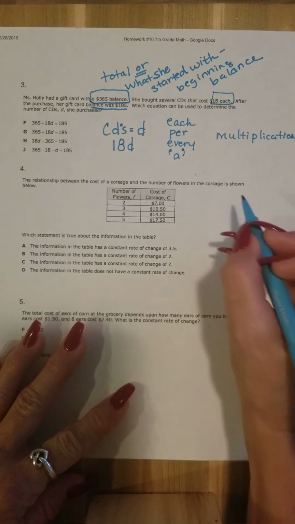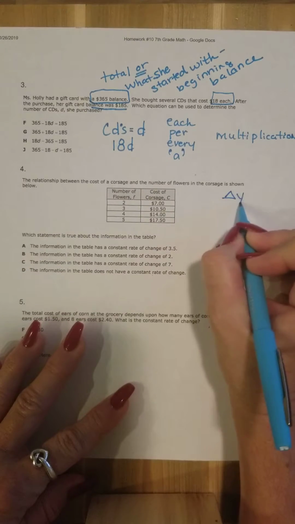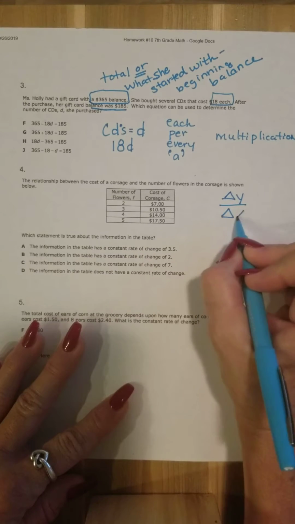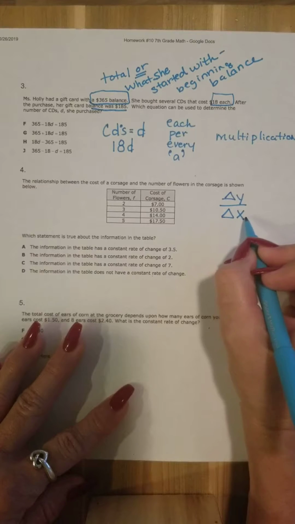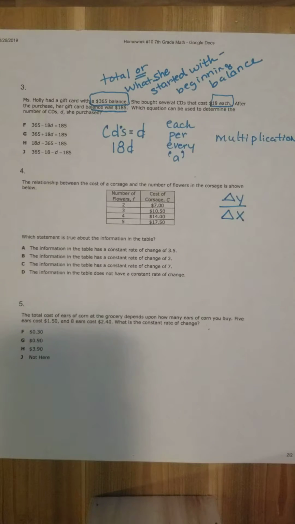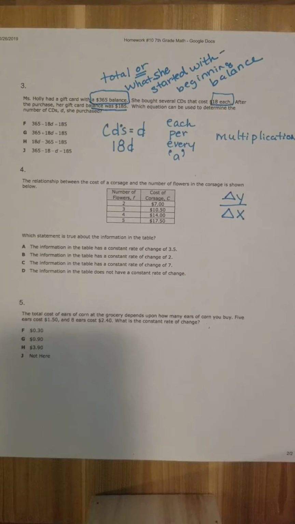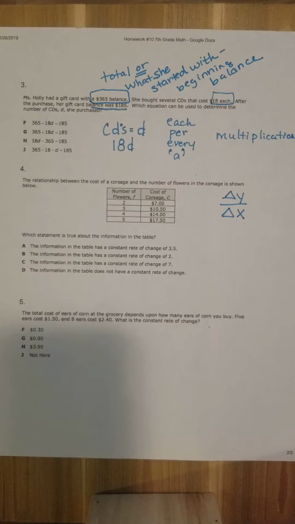Because to get the constant rate of change, we're going to do the change in Y over the change in X. How does my Y change? How does my X change? So, do the number of flowers depend on the cost of the corsage? Or does the cost of the corsage depend on the number of flowers?